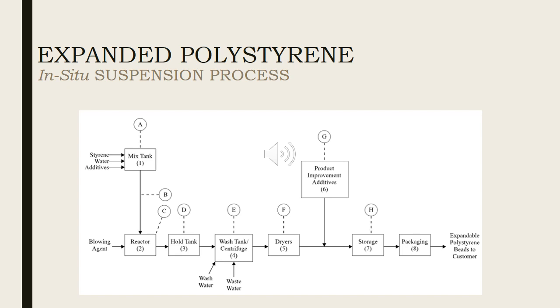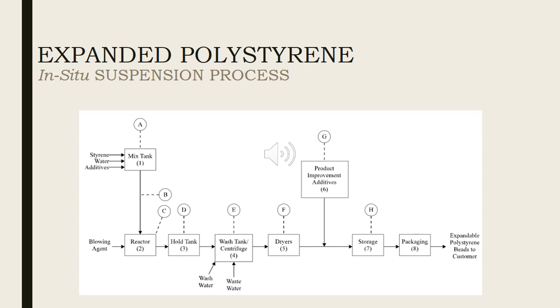The reaction mixture from the mix tank, unit 1, composed of styrene monomer, water, polymerization catalyst and additives, is charged to a reactor, which is unit number 2, to which a blowing agent is added.